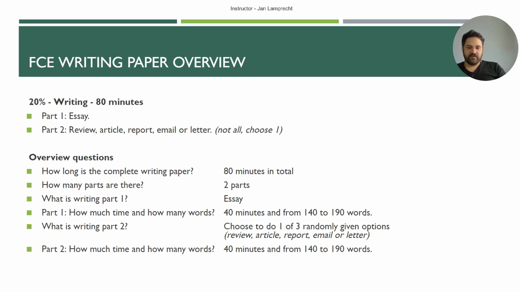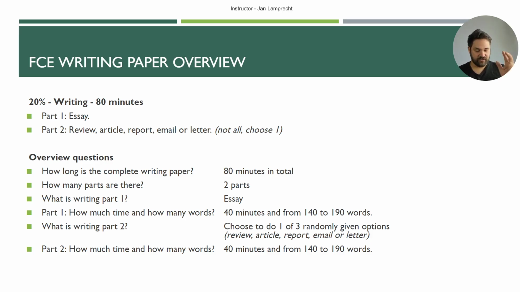In writing part 2, first of all, in Cambridge you've got a lot of different types of writing. You've got the essay, which we just spoke about, and in writing part 2, they give you 3 options. You have to choose one of those 3 options and write about that option.